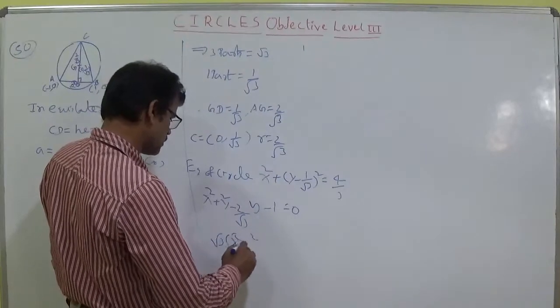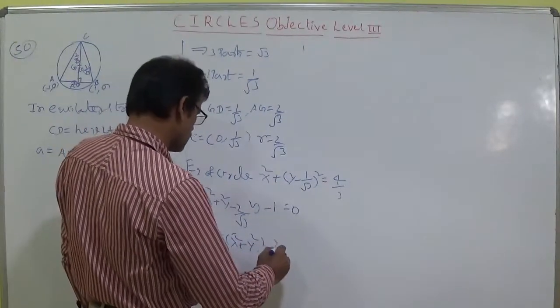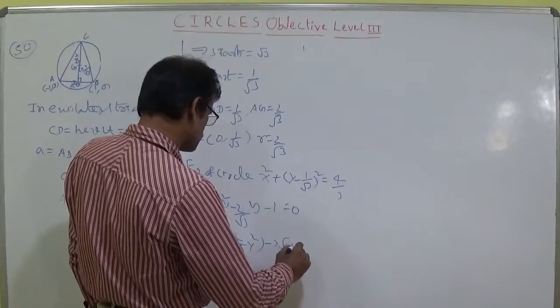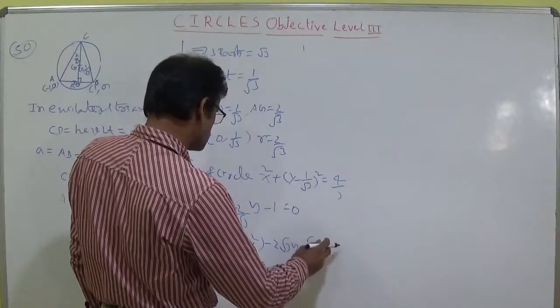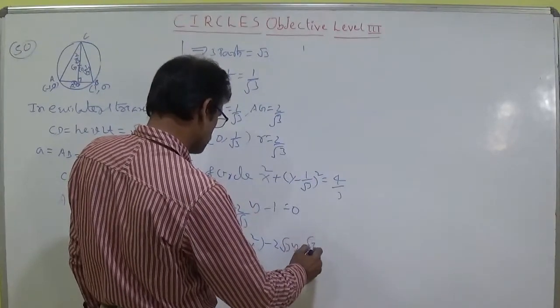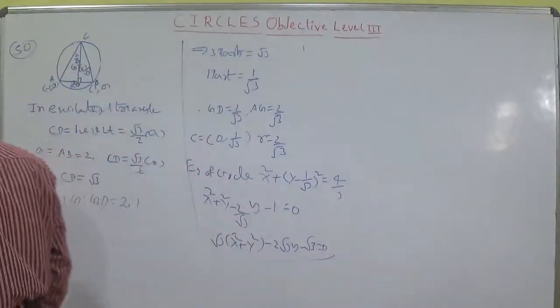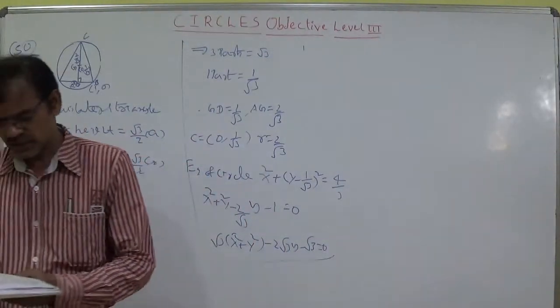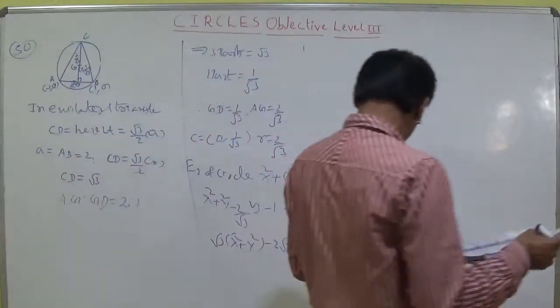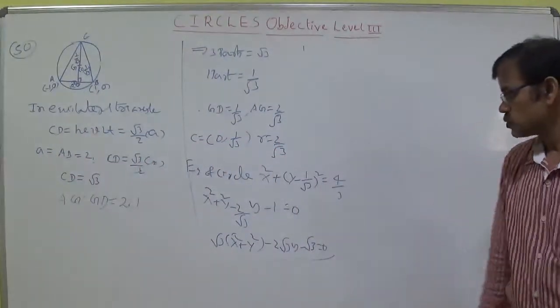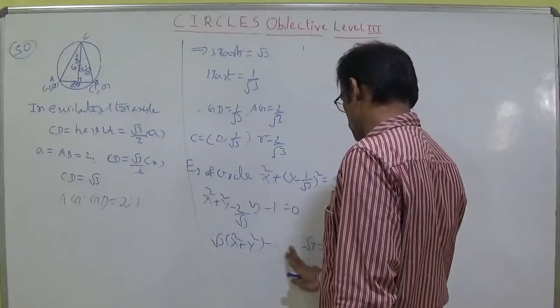Take an LCM: root 3 into x square plus y square minus 2y minus root 3 equal to 0. Root 3 into x square plus y square minus 2y minus root 3 equal to 0. It is 2y, not 2 root 3 y, students, only 2y.